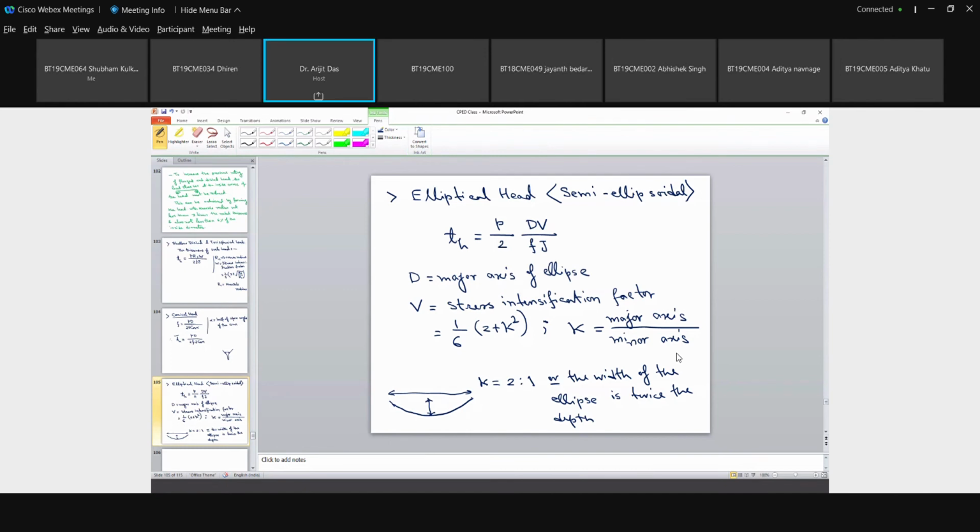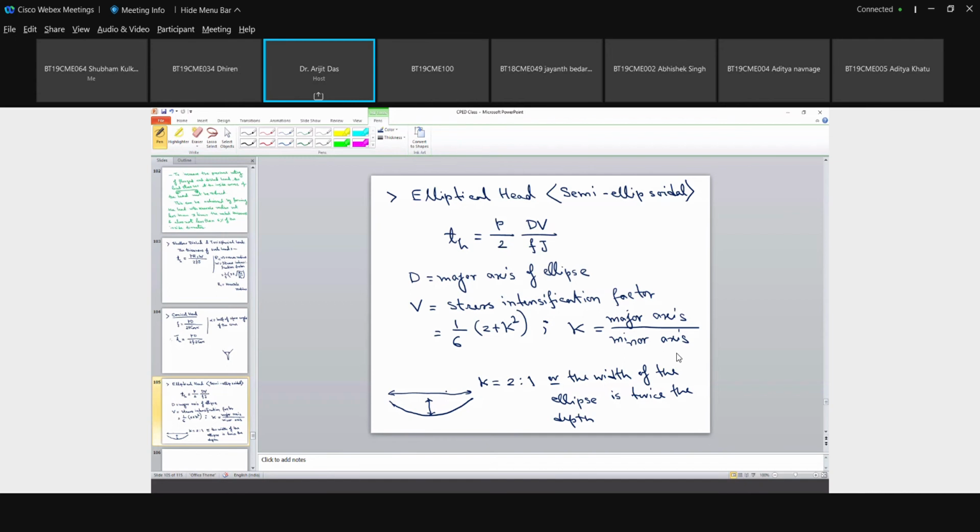So it is a dome shape. I'm writing in 2D, but it is a dome shape. So it is the ratio of the width to its depth, 2:1. Or it can be written also as the height of the head is just a quarter of the diameter.